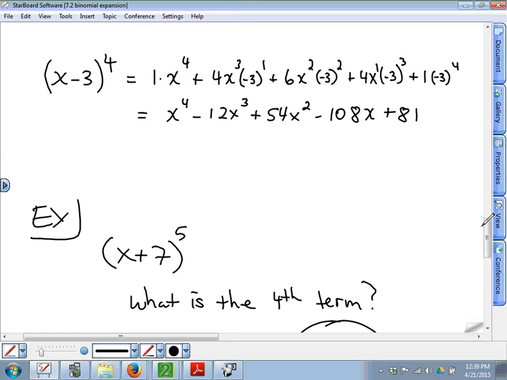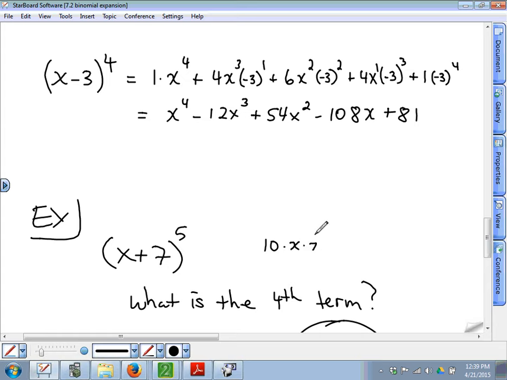If you're raising it to the 5th power, look in your book, the 5th row of Pascal's triangle. What's the 4th number in row 5? So we know it's going to involve a 10, right? Now, we also know it's going to involve x to some power and 7 to some power.